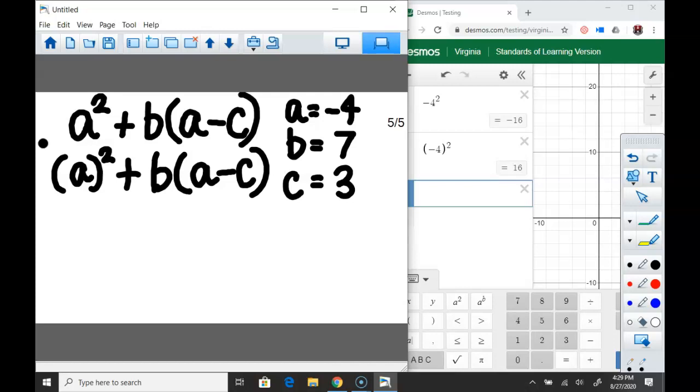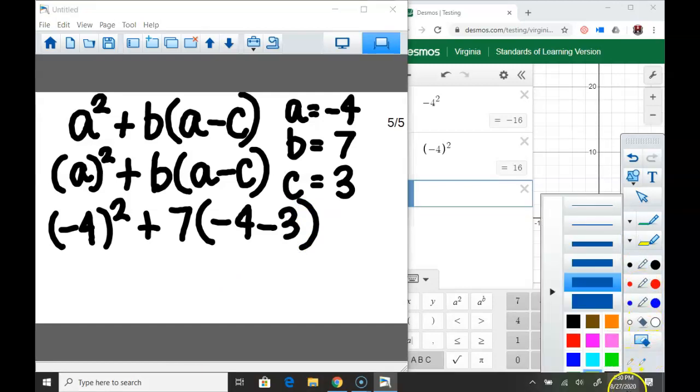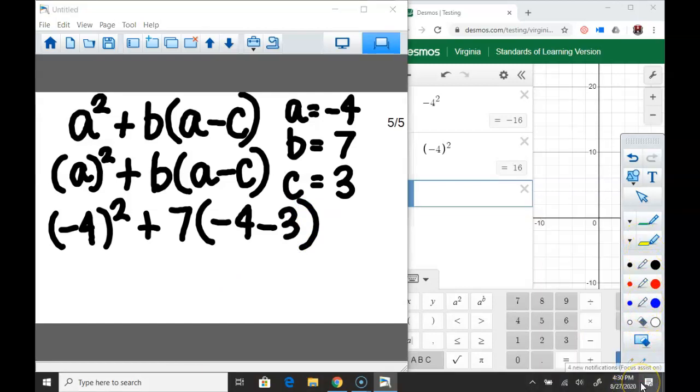All right, so let's sub in. We're going to sub in a negative 4 for this a. That's going to be negative 4 squared, plus, for b, we're going to sub in a 7, times, for a negative 4, and for c, 3. All right, now in this problem, first we look for grouping symbols.